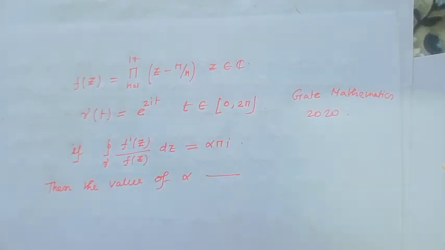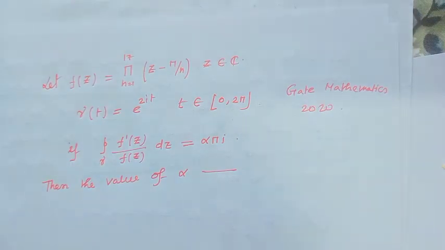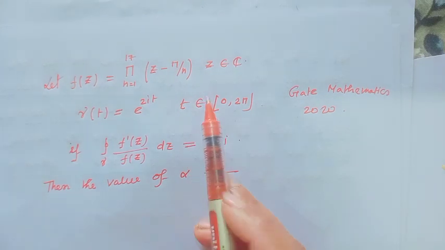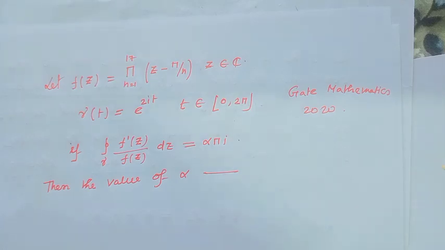Next question, which had come in the GATE Mathematics 2020 exam. The question is: let f(z) equal the product from n equals 1 to 17 of (z minus pi over n), where z belongs to the complex numbers. Here gamma(t) equals e to the power 2it, where t belongs to 0 to pi.